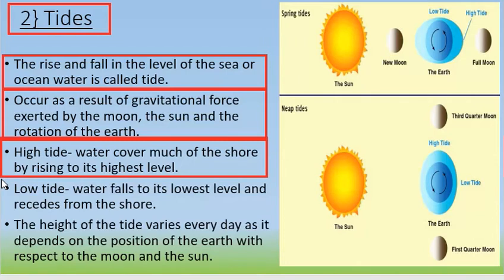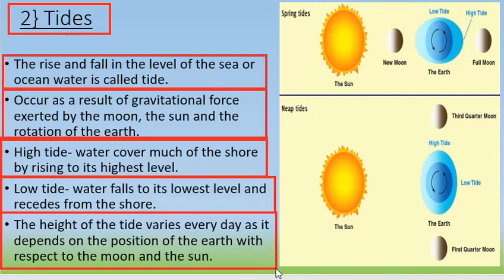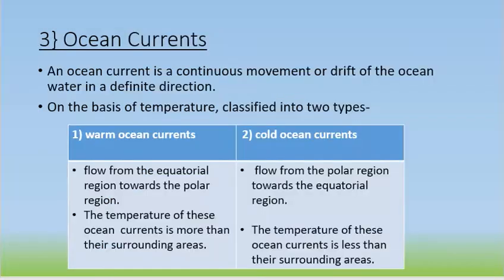Now, low tide: water falls to its lowest level and recedes from the shore. The height of the tide varies every day as it depends on the position of the earth with respect to the moon and the sun.